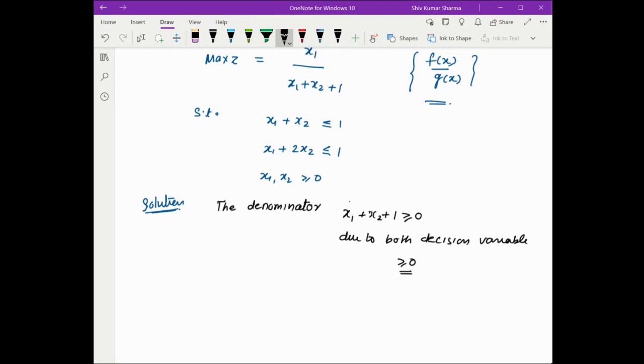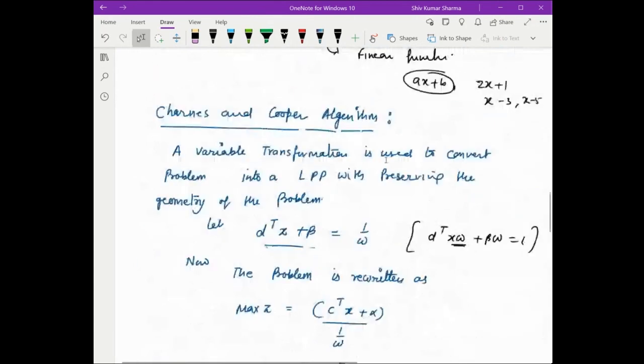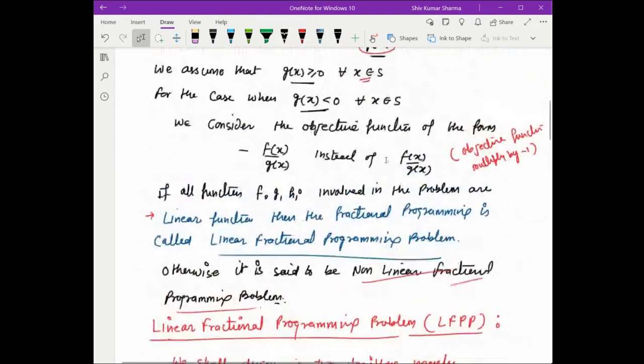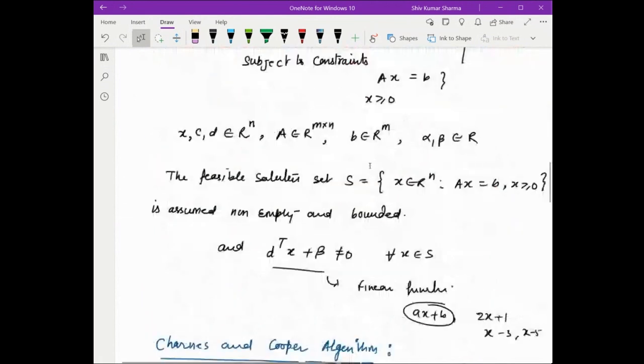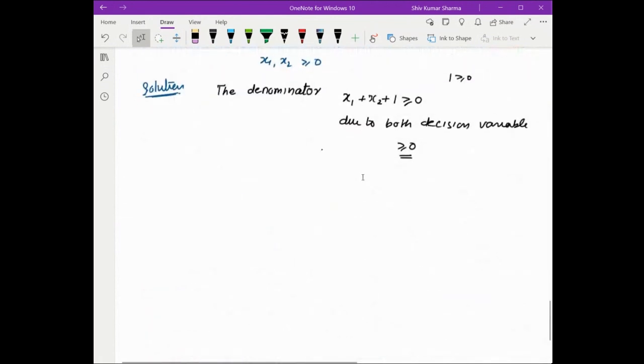Suppose we take x1 as 0 and x2 as 0, so 0 plus 0 plus 1 is 1, which is greater than or equal to 0. If we take x equal to 1, 1 plus 1 is 2, plus 1 is 3, greater than 0. So the ratio function is well defined. Here we don't just assume, we check.